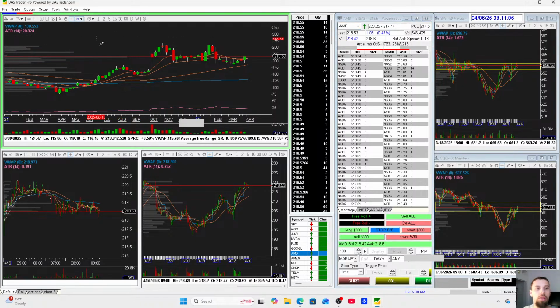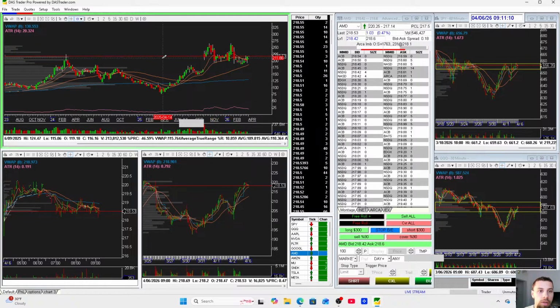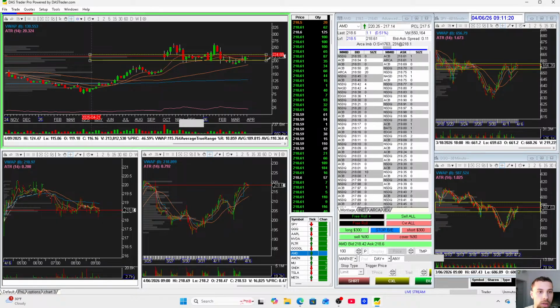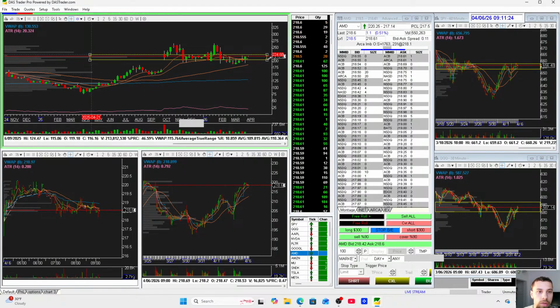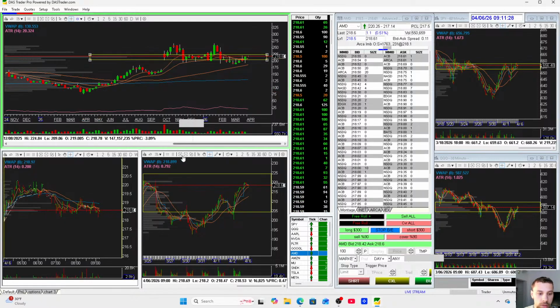AMD looking like it may want to get out of this little mini range it's been in. So area of resistance 224 looks good to me. Area of support going to draw is like 205.